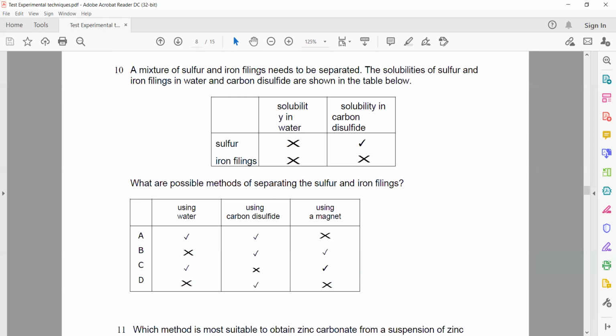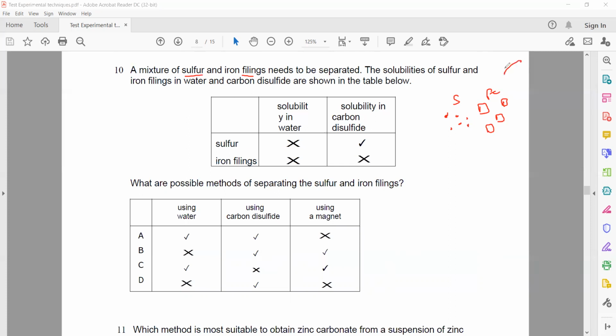A mixture of sulfur and iron filings needs to be separated. So we have sulfur, for example, these dots are representing sulfur and these cubes are representing iron filings. The solubility of sulfur and iron filings in water and carbon disulfide are shown. Both are insoluble in water. So if both do not dissolve in water, we cannot use water to separate them. But in carbon disulfide, sulfur is soluble.